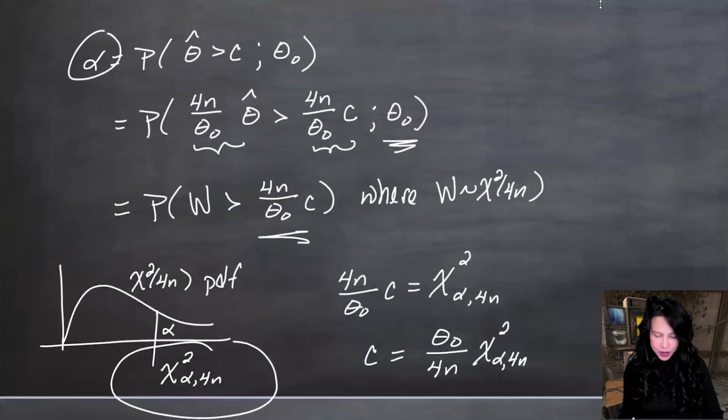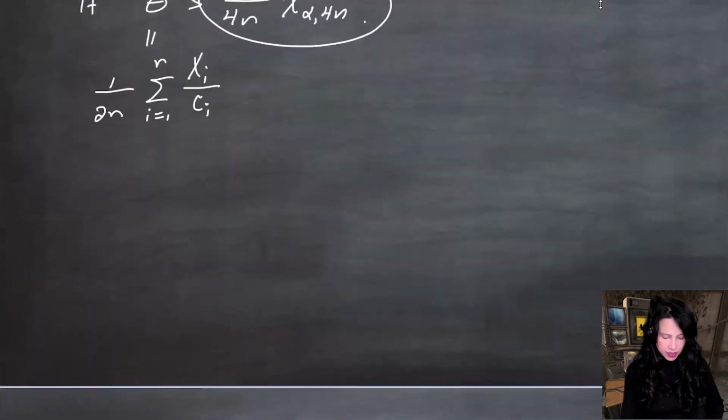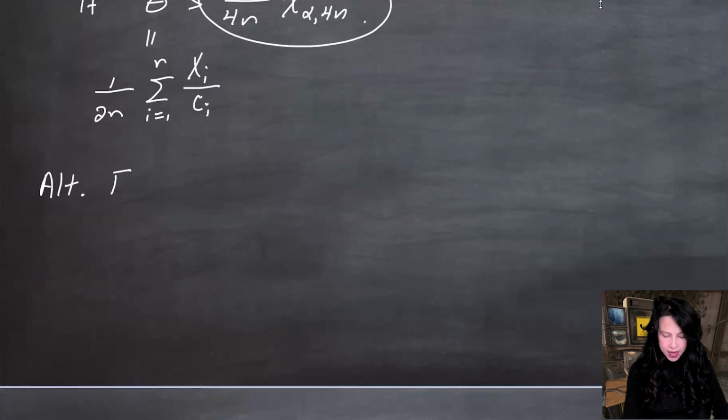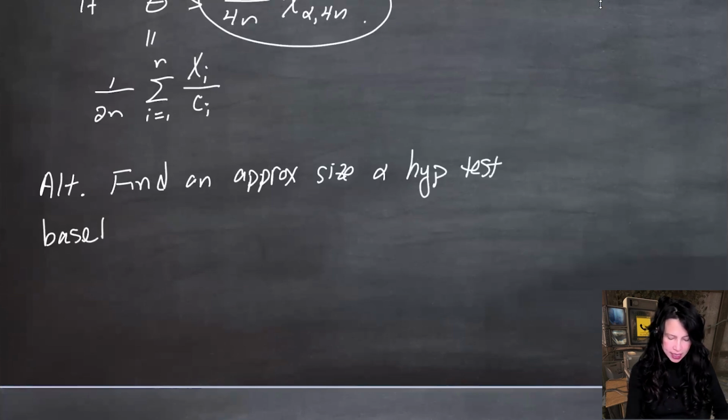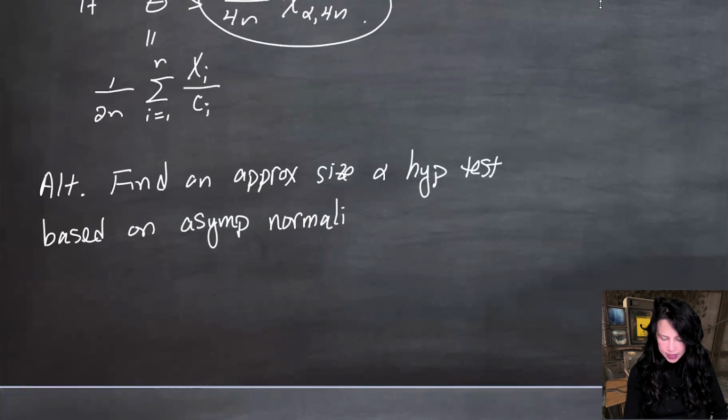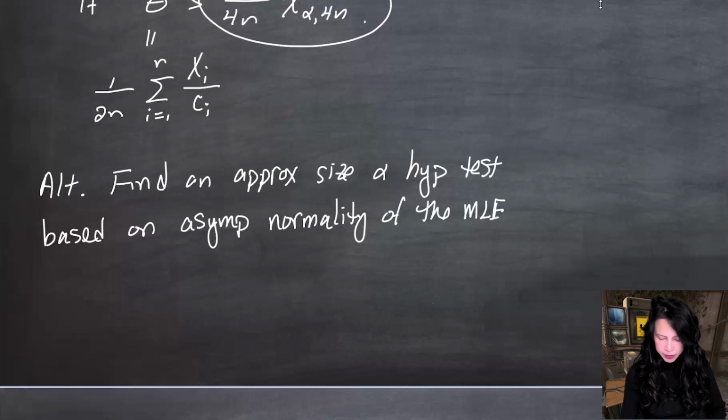So I want to also, or let's say alternatively, find an approximate size alpha hypothesis test based on asymptotic normality of the maximum likelihood estimator.